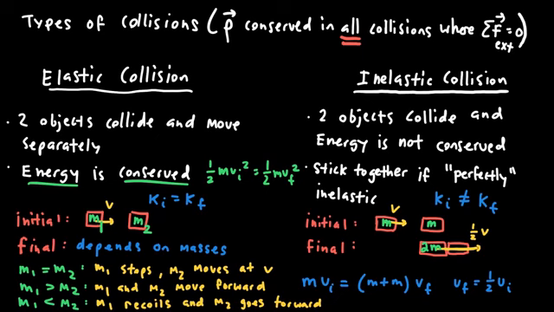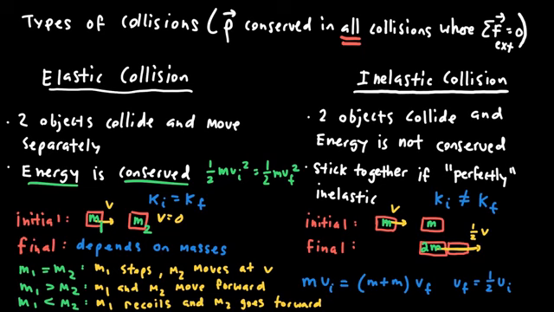In general, I have a little initial and final case down below for the elastic collisions. Let's say that m2 is at rest, its velocity is equal to 0, but m1 is coming along with some velocity v. I know that if this is an elastic collision, then that means both the momentum and the energy are going to be conserved.